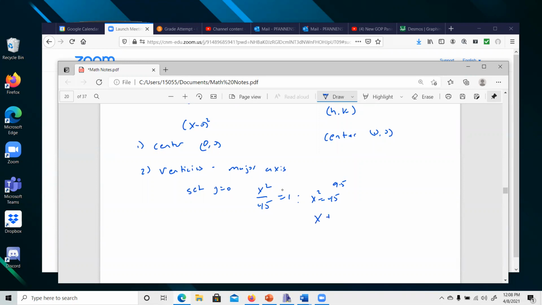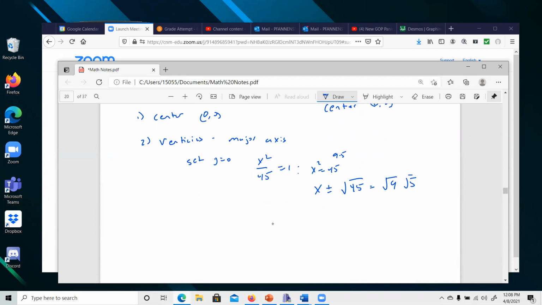And x would be plus or minus the square root of 45. You don't have to do all of these steps, but what I really want to see is x equals plus or minus 3 root 5. So the vertices are (3 root 5, 0) and (negative 3 root 5, 0), because it says make your answer in terms of ordered pairs.